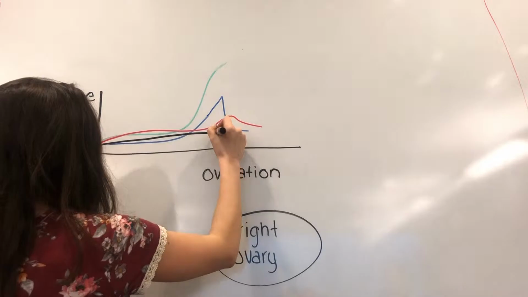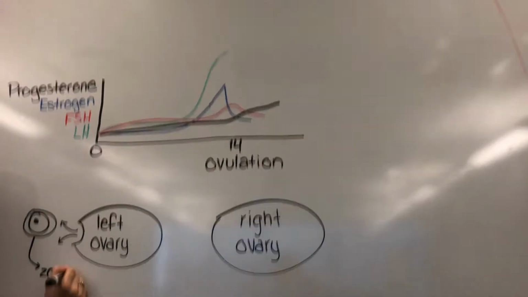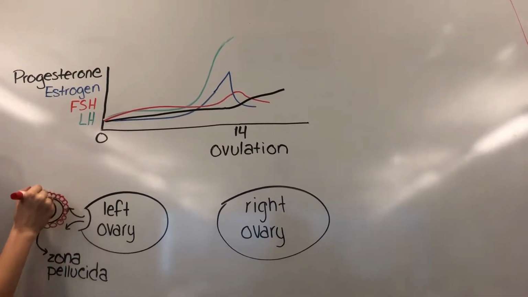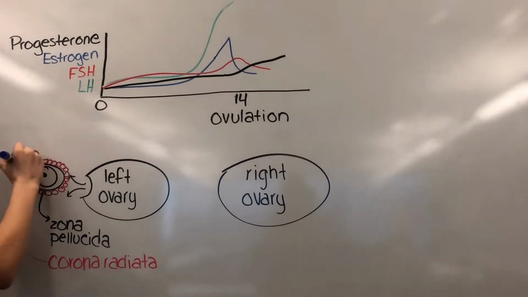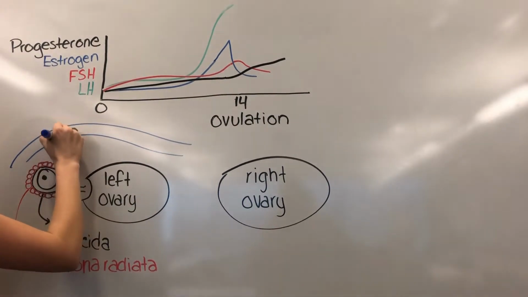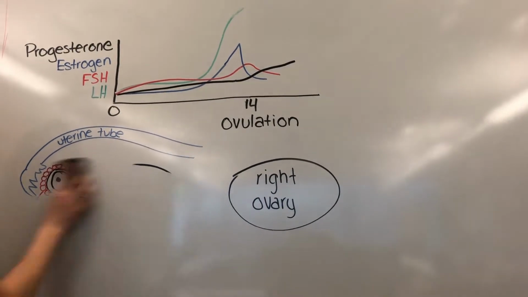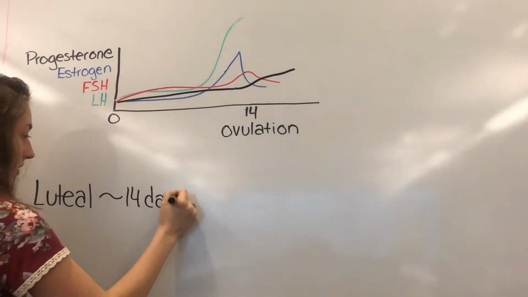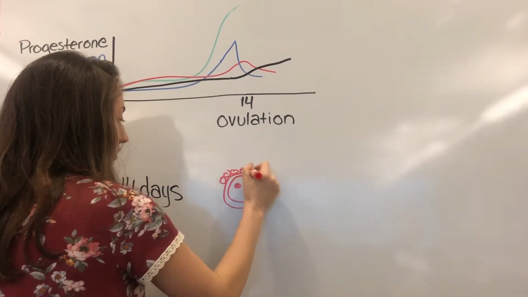The oocyte, which is arrested in metaphase 2 of meiosis II, is surrounded by the zona pellucida and the corona radiata. From the peritoneal cavity, the ovulated oocyte is directed to the fallopian tubes by way of fimbriae, where it awaits possible fertilization. Beginning right after ovulation has occurred, the luteal phase lasts for about 14 days.